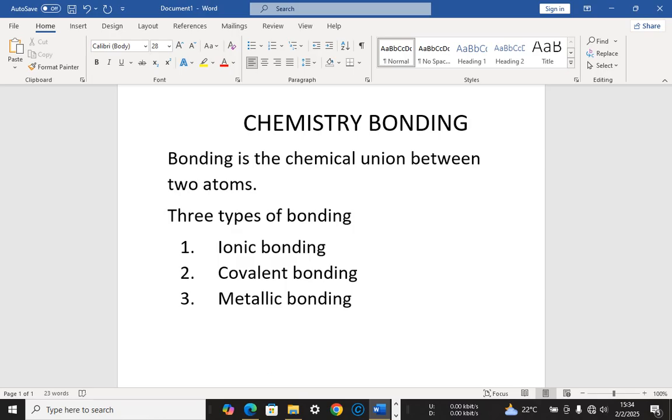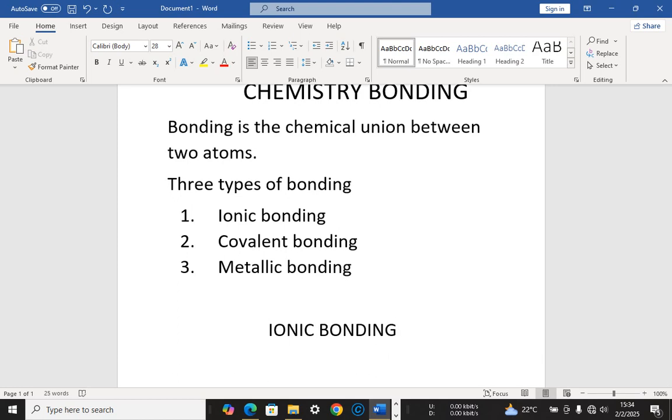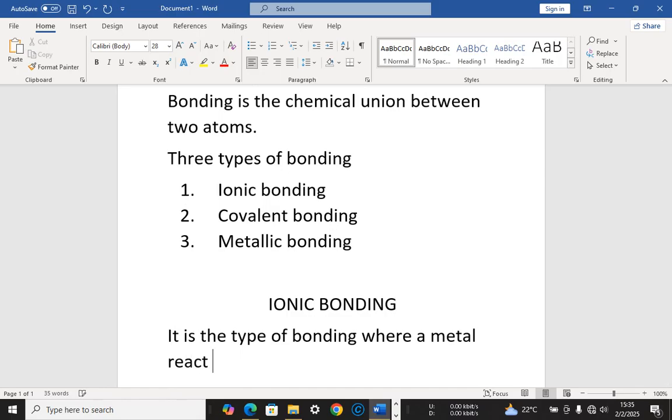As you hear the word ionic, ionic bonding in simple terms is the type of bonding where a metal reacts with a non-metal to form a compound.